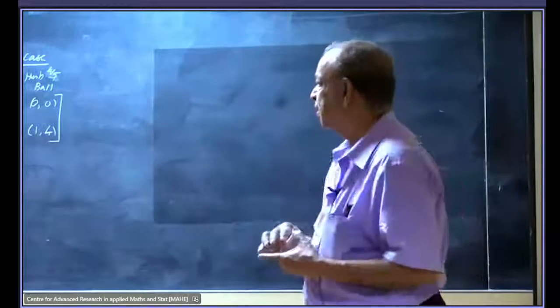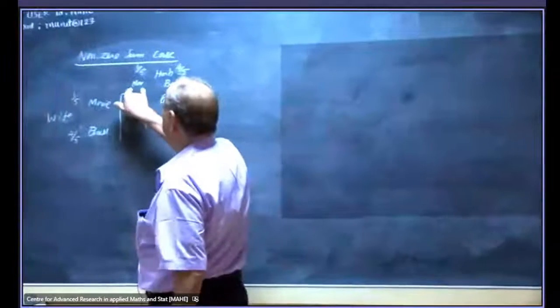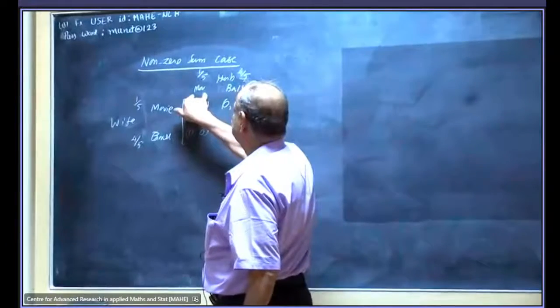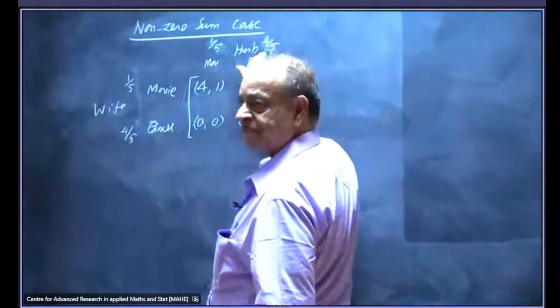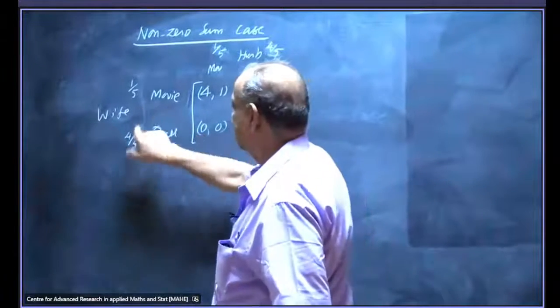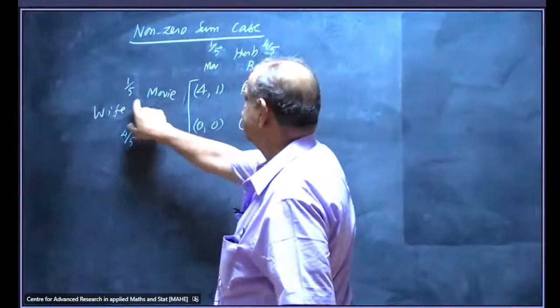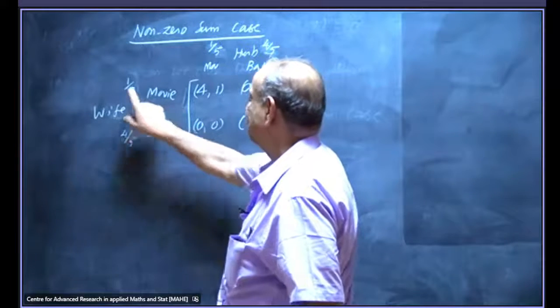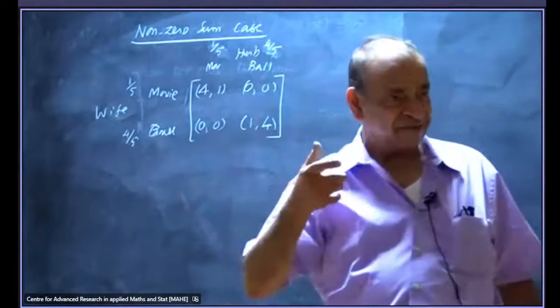Therefore, the chance that he buys a movie ticket is 1/5. The chance he buys a ball game ticket is 4/5. Same way with this one: she buys the movie ticket with 1/5 chance, and the ball game with 4/5 chance.